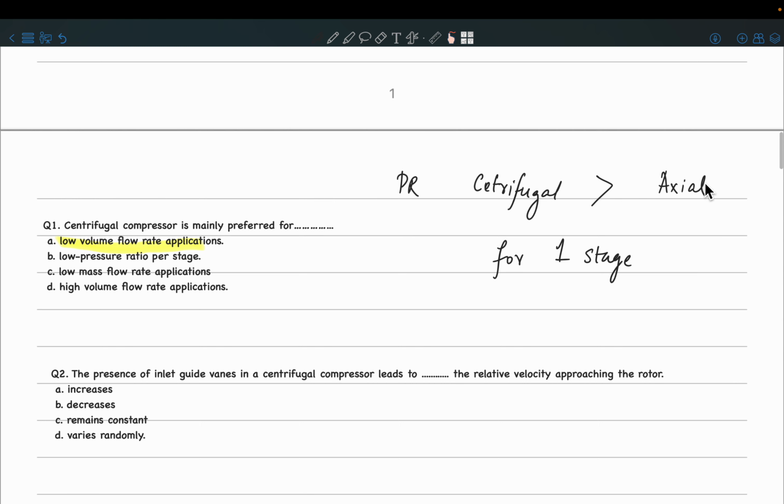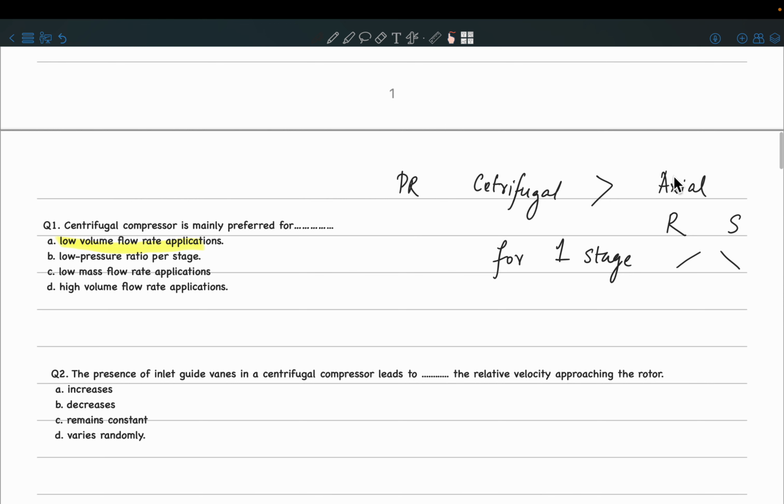So in an axial compressor, what you'll see is that there is a rotor stage and a stator stage. You will increase the velocity in the rotor and then decrease the velocity in the stator in an equivalent manner, so that on average the velocity will remain the same. So you want to keep the volume flow rate constant throughout the axial compressor.